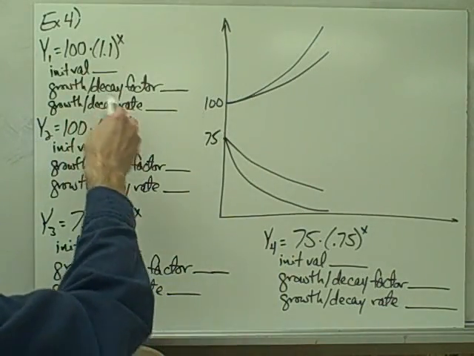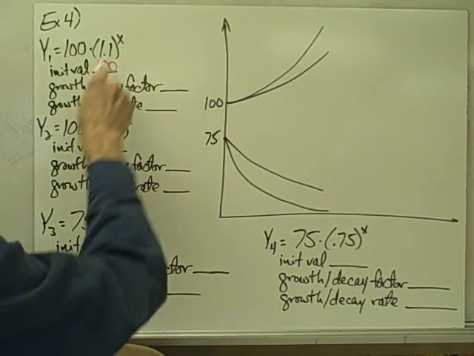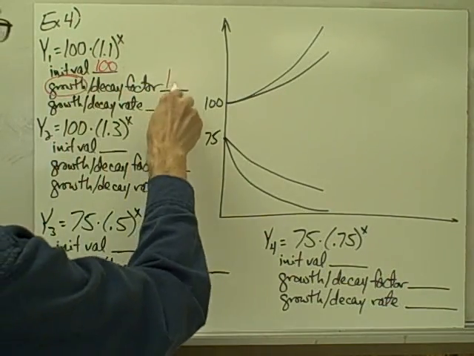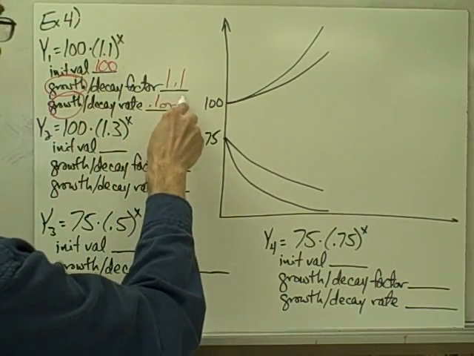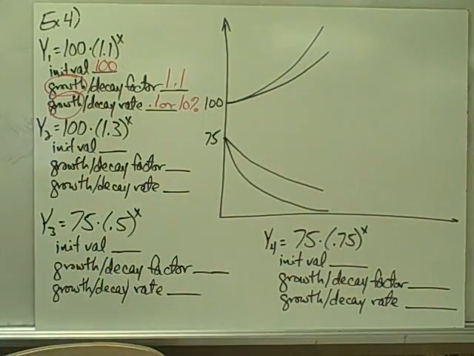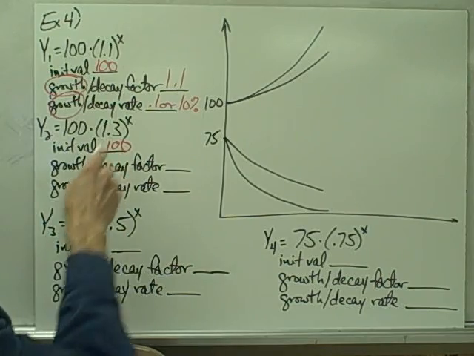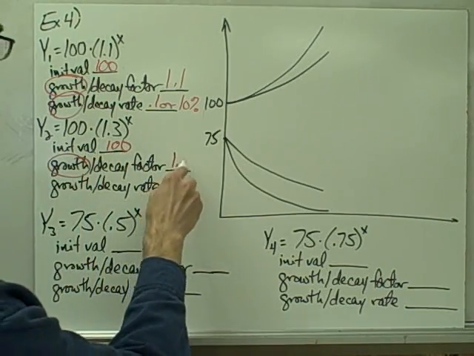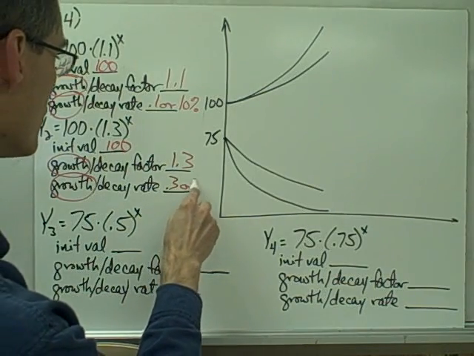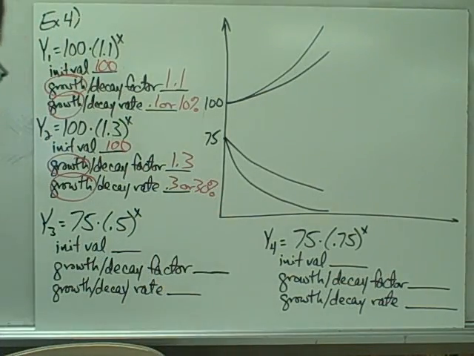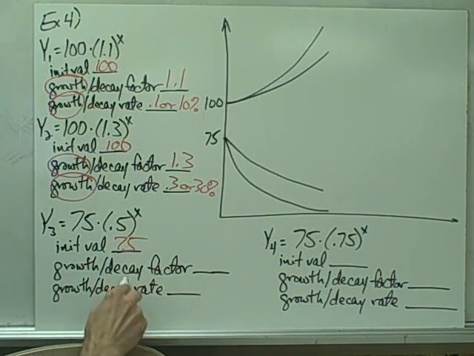Okay, so let's fill in these blanks here. Initial value 100, this one is a growth factor of 1.1, so it's a growth rate of 0.1 or 10%. This one, initial value of 100, again it's a growth factor 1.3, which means it's a growth rate of 0.3 or 30%. y3, initial value of 75, growth or decay.